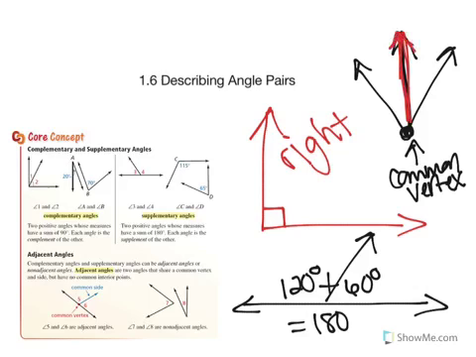So you can see that these angles are right next to each other, and they also don't overlap. So you don't see this blue angle, and then this red angle here. Those are not adjacent angles. Those are just overlapping angles.